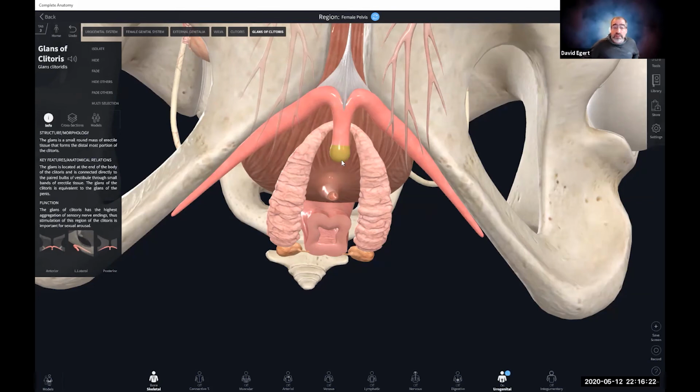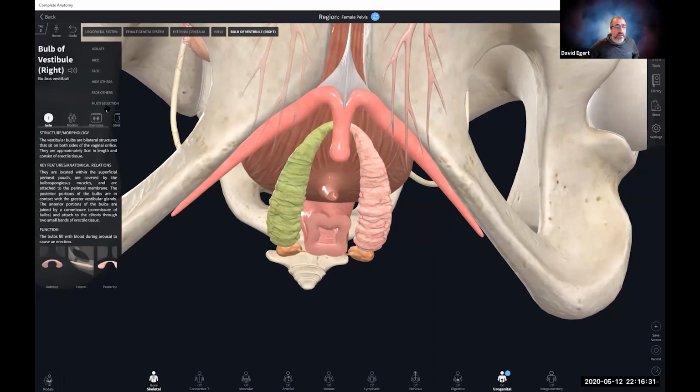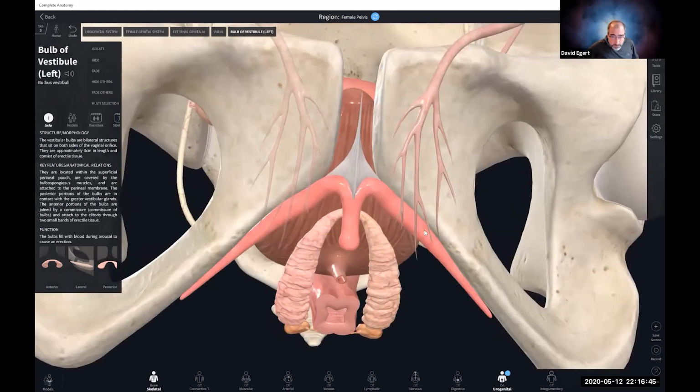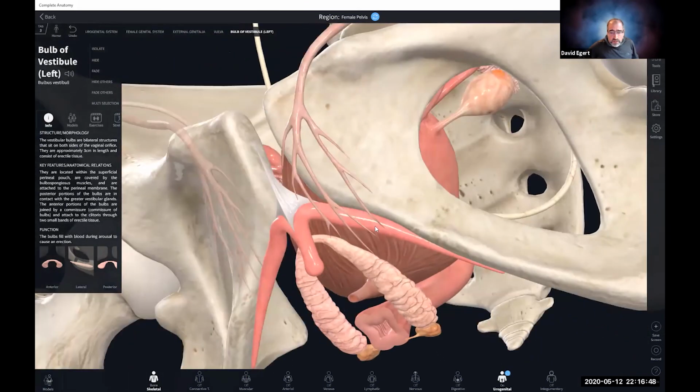One difference in the guy, there was that corpus spongiosum, which became like the bulb at the bottom of the penis. In the woman, you've got these kind of two structures. The bulb of the vestibule is actually two structures, but that are also spongy tissue that fill with blood. This is also showing the little Bartholin glands.